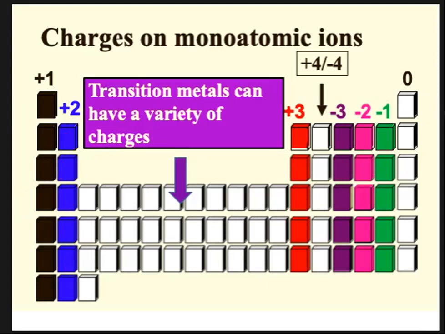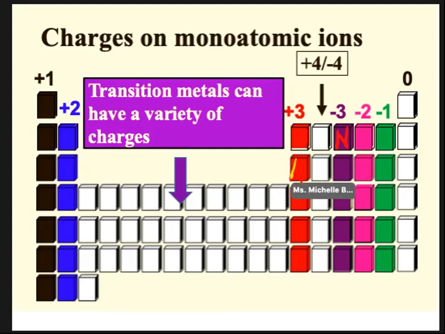Now, so if I say give the ionic charge of nitrogen. Nitrogen is found in group 5. Therefore, it has -3. Give the ionic charge of aluminum. Aluminum is here. Oops. I'll make use of the yellow.